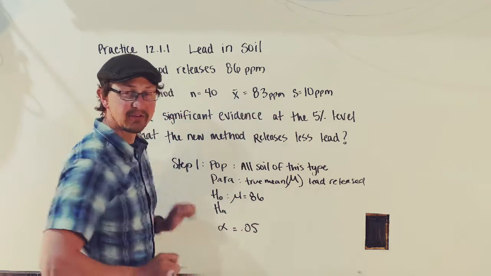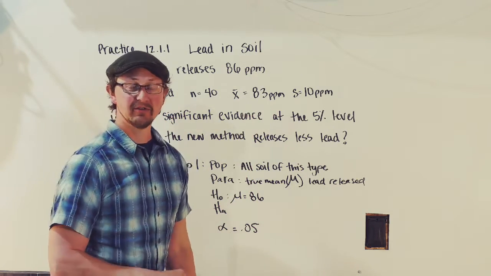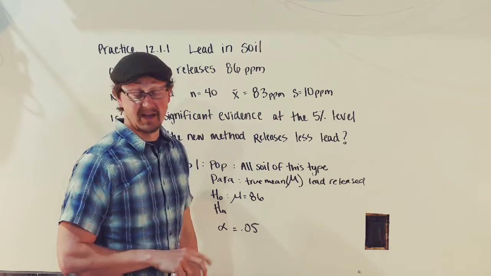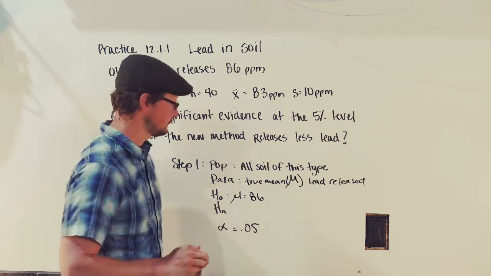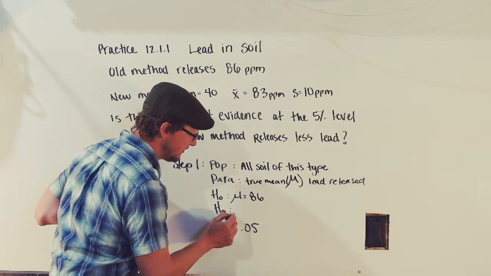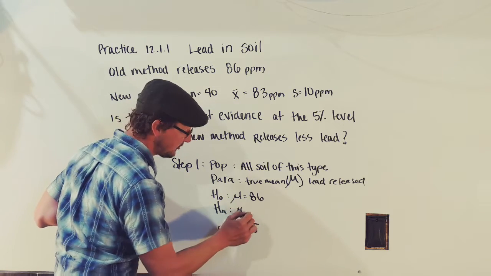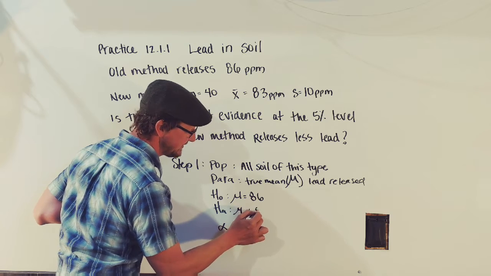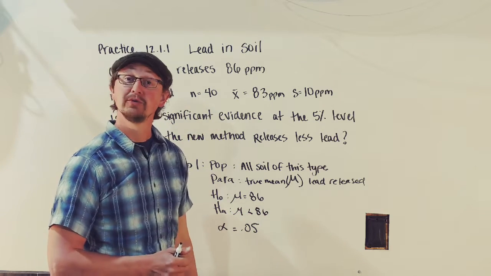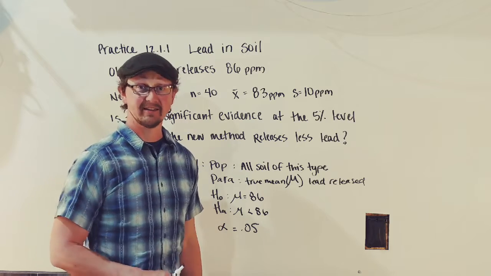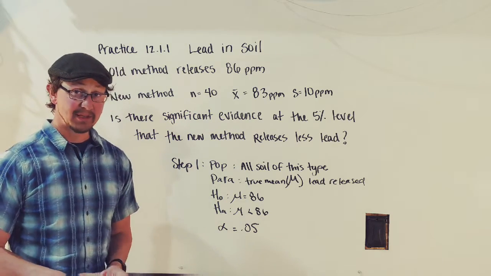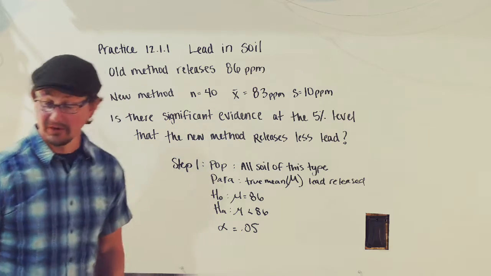This low number that we're seeing here is simply a result of happening to pick samples that had low lead maybe originally. And the alternative hypothesis is that, yes, this works, and mu is less than 86 parts per million. So our new method is actually releasing less lead, which is a good thing. With that established, we're going to move on to step 2.